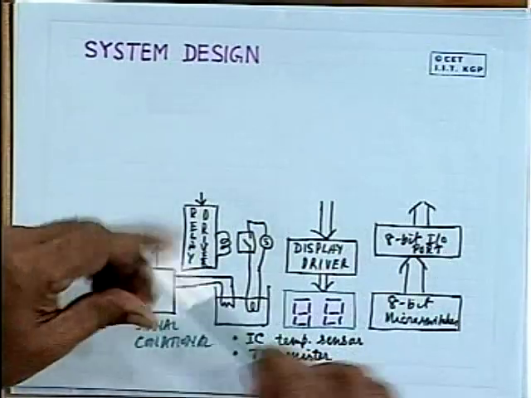Now this analog to digital conversion can be done in several ways. You have two choices. You can use one analog to digital converter. The analog to digital converters which are available in the market are a little costly. On the other hand, if you use one digital to analog converter and implement the analog to digital conversion algorithm by software, then the cost of the system will be low, because digital to analog converters are cheaper and readily available.